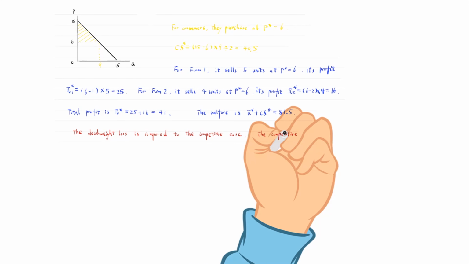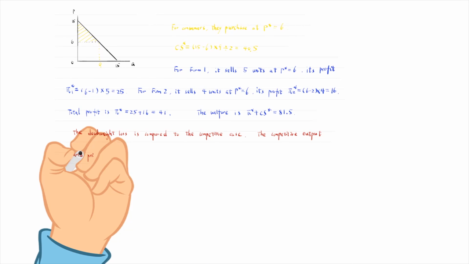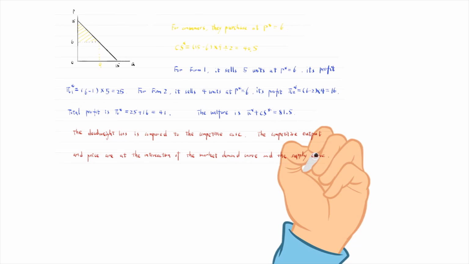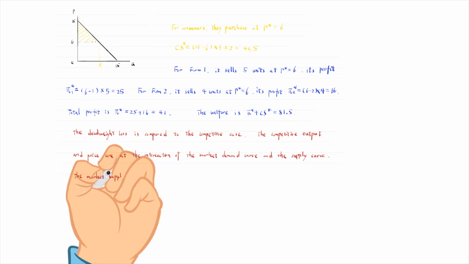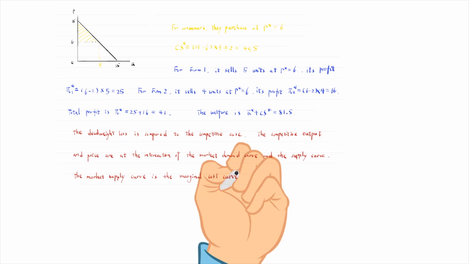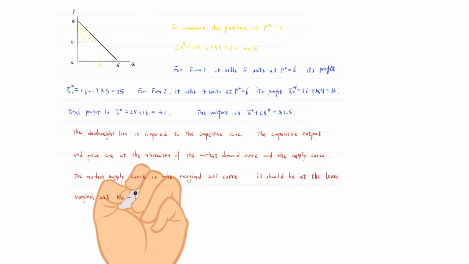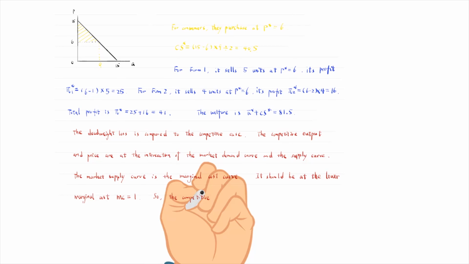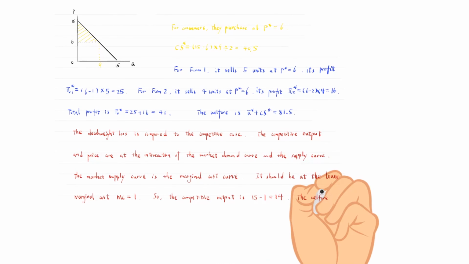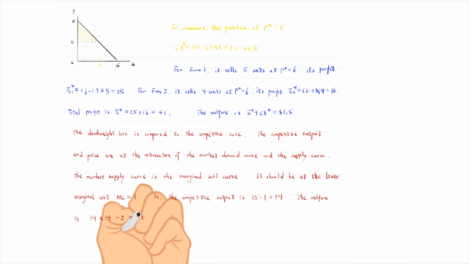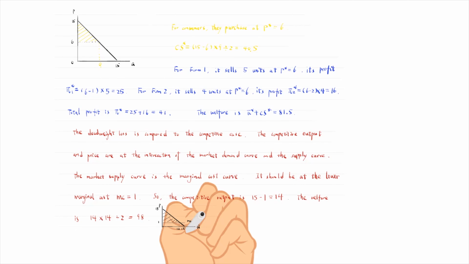The competitive output and price are at the intersection of the market demand and market supply curves. The market supply curve is the marginal cost curve. It should be a horizontal line at the lower marginal cost of 1. So the competitive output is 14. The welfare is the big triangle area, 98.